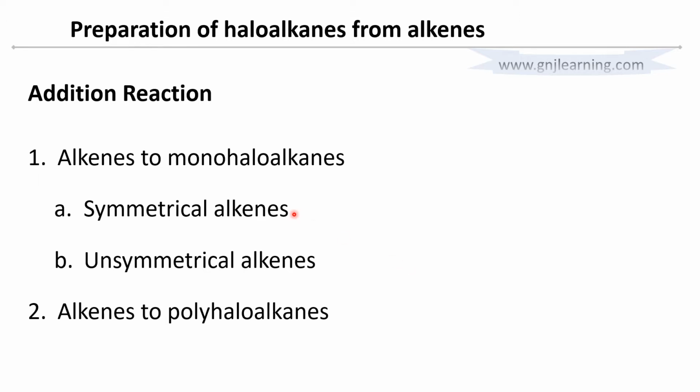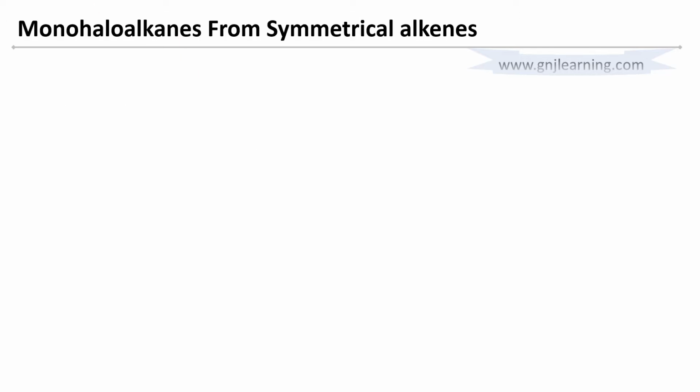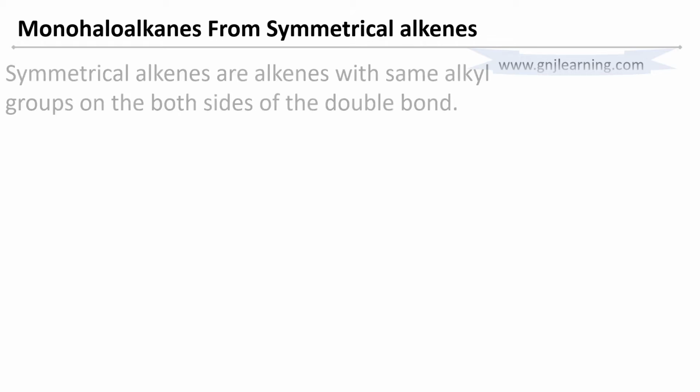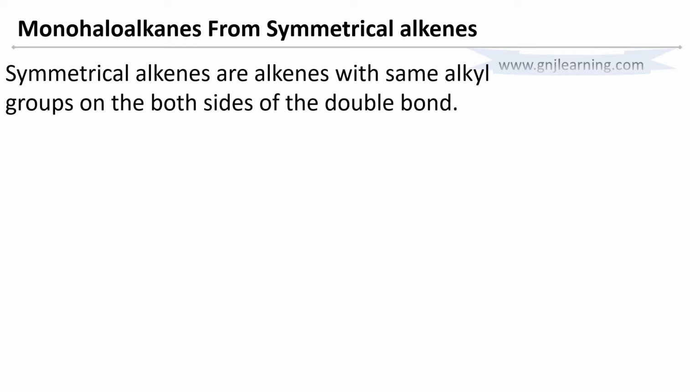So first what we are going to concentrate on is alkenes to monohaloalkanes. First we will see monohaloalkanes from a symmetrical alkene. Symmetrical alkenes are alkenes with the same alkyl groups on both sides of the double bond.